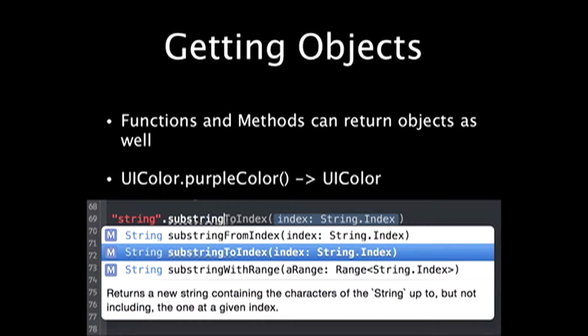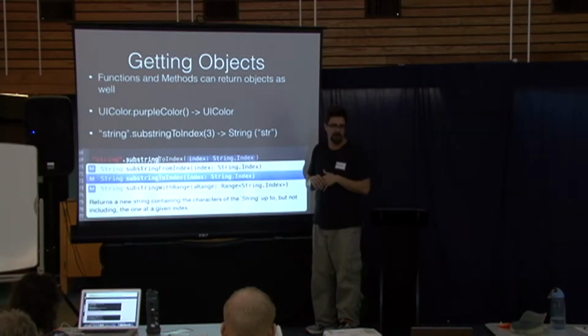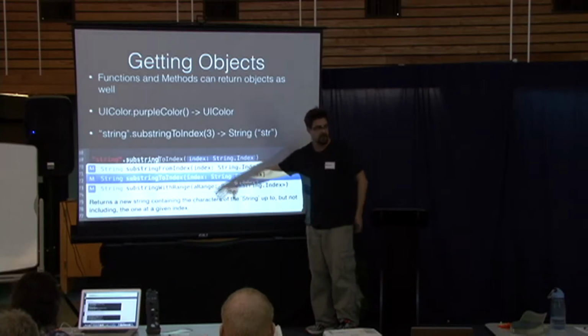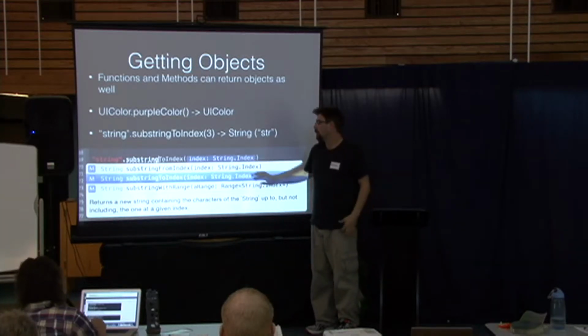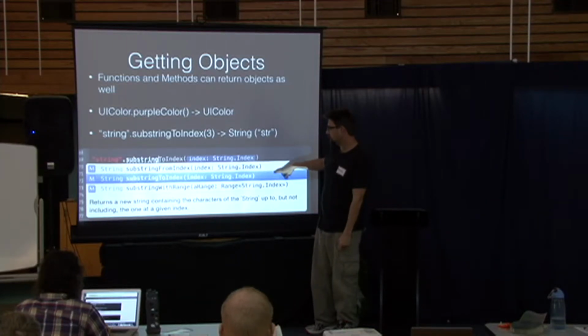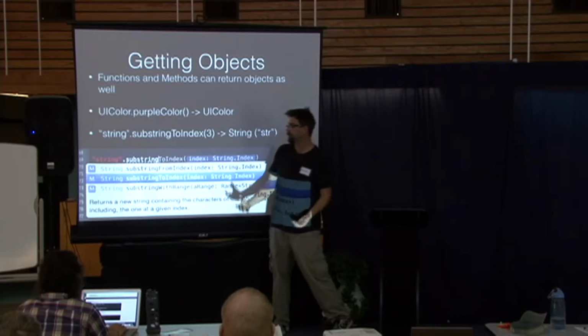Some of you guys asked about code completion because you had worked on other things. If your version of Xcode is not automatically showing you code completion as you type, if you're not seeing this stuff pop up, there is a way to turn it on, but I don't remember how in Xcode 6. But you can hit escape.